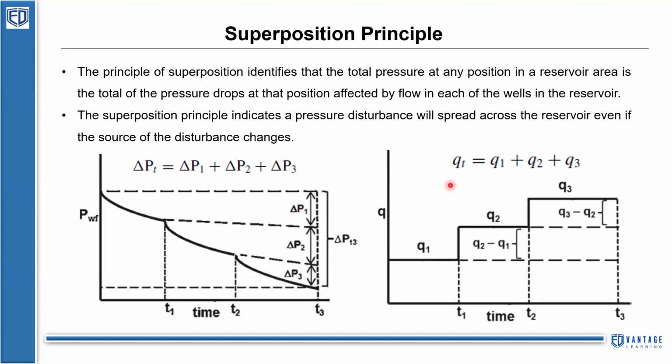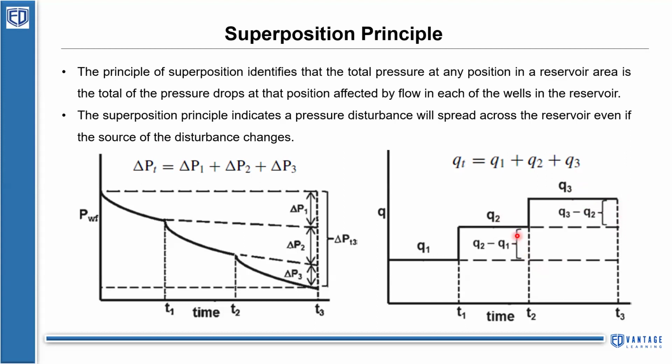Also, in terms of flow rate, the principle indicates the pressure disturbance will spread across the reservoir, and the flow is unique in each distinct system. So the source of disturbance is monitored by totaling the flow rate as well as the pressure drop. So the entire QT will be equal to Q1 plus Q2 plus Q3. So this Q3 is typically Q3 minus Q2, the actual increase in flow rate.